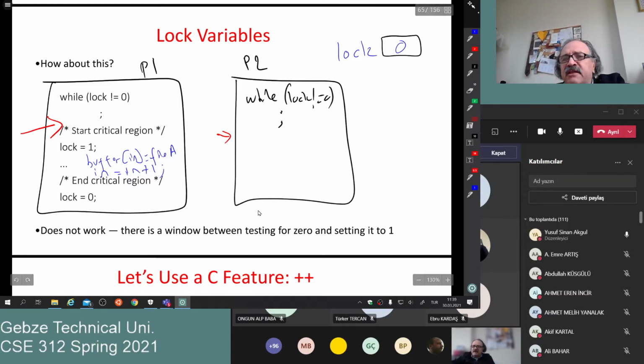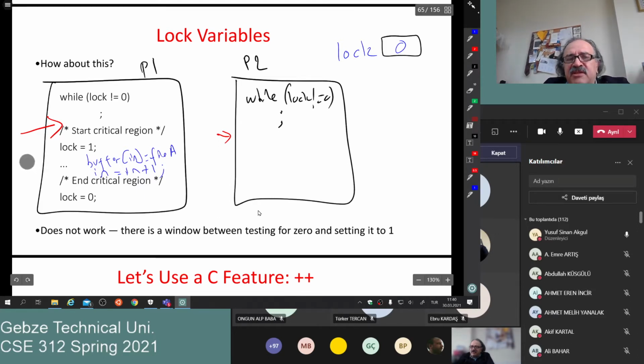If lock is 0 at the beginning, then I can enter the critical region. As soon as I enter the critical region, I change lock from 0 to 1 so that nobody else can enter the critical region. And I do whatever I want.